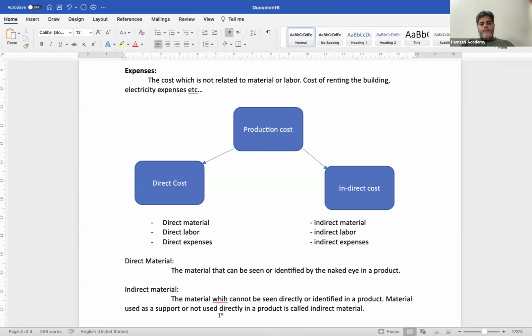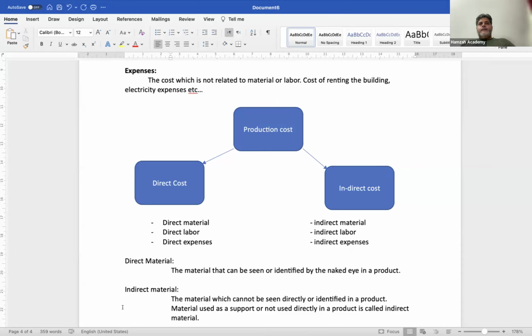Okay. Normally, I always say that if you look at a product, the material which you can see easily from your naked eye, and which you can easily identify, that is something which is called a direct material.